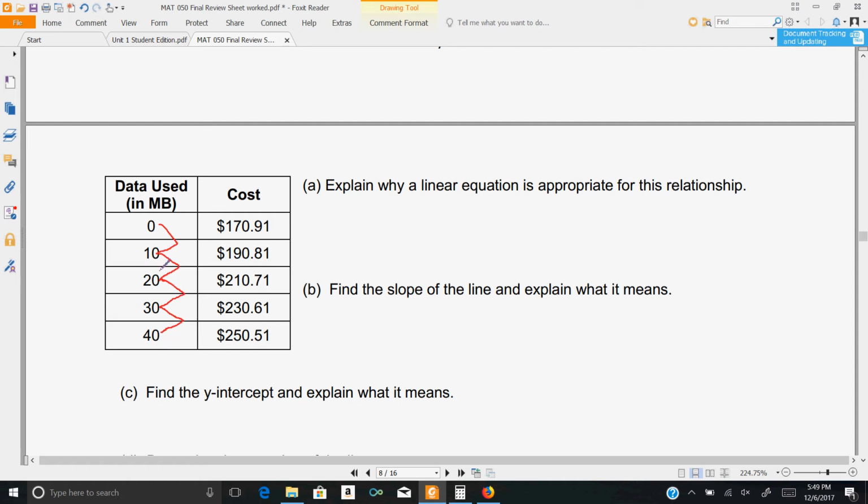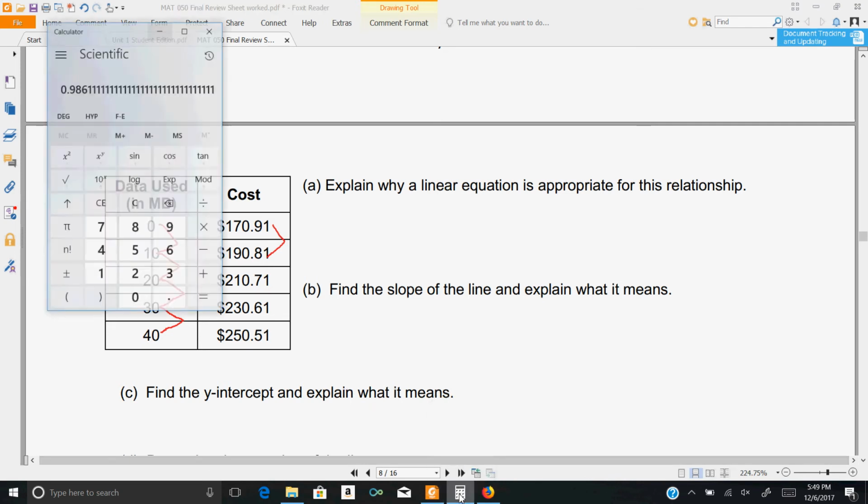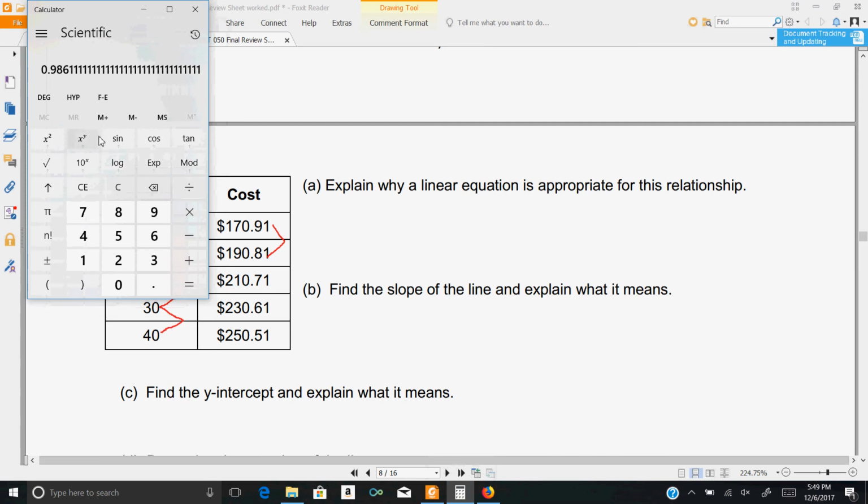From 0 to 10 is 10, from 10 to 20 is 10, from 20 to 30 is 10, and then it's 10 from 30 to 40. So x is going up by 10. We want to see if y goes up by the same amount also. I can kind of see it's going up by the same amount, but it's hard to see, so I'm going to plug those numbers into the calculator just to make it a little more obvious.